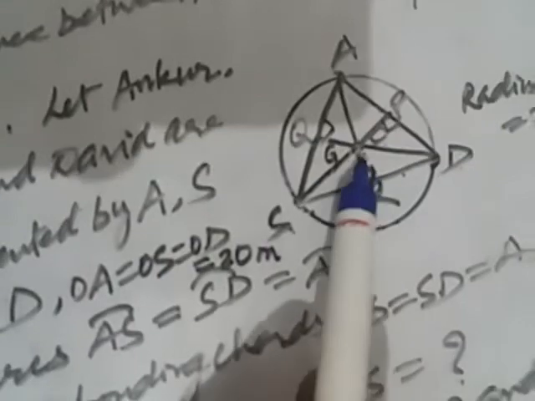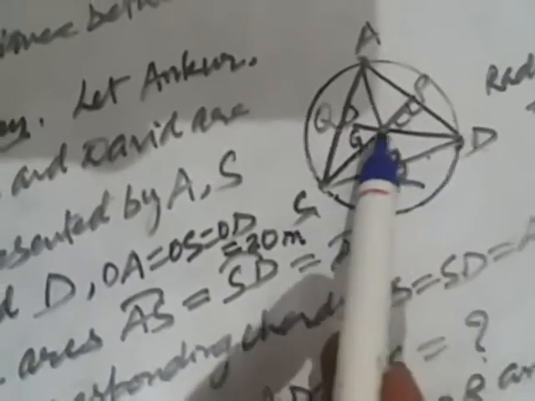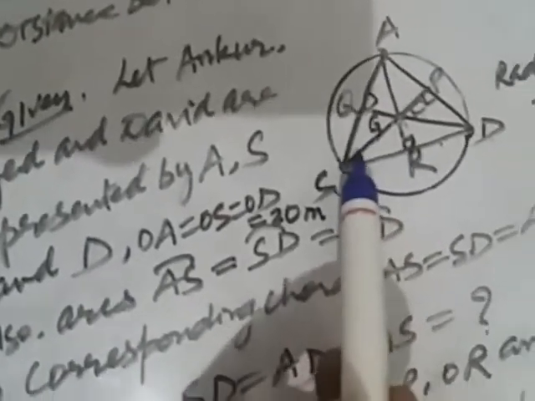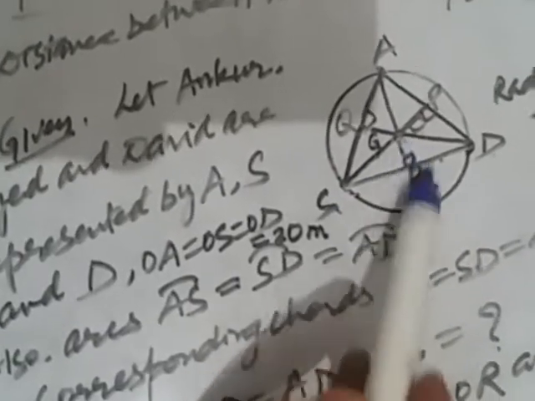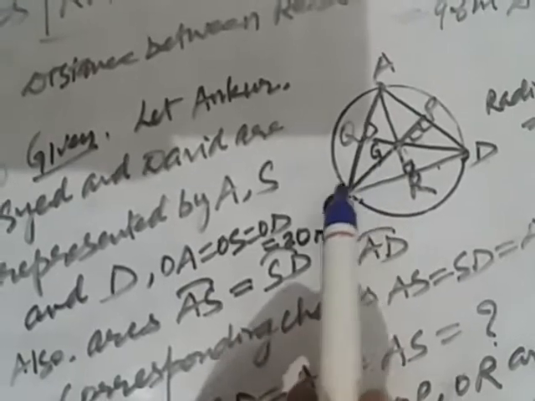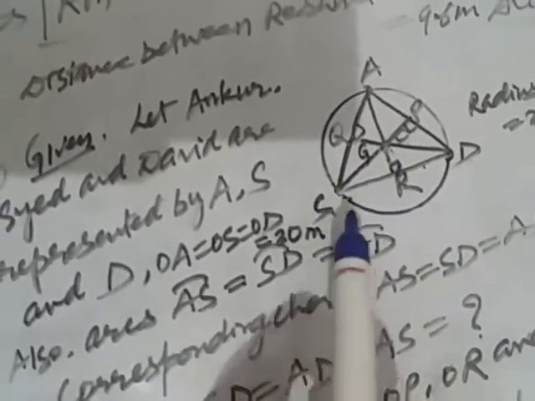In right triangle GRS, GS is the hypotenuse. So RS square equals SG square minus RG square. Am I right? This is a right angle triangle, this is the hypotenuse. So SG square minus RG square equals RS square. Clear? That is the Pythagoras theorem.